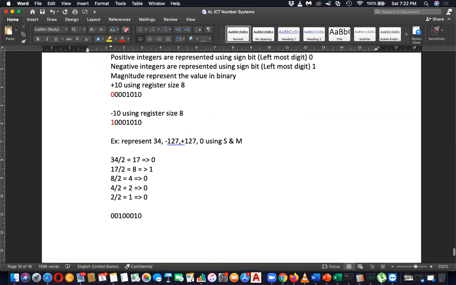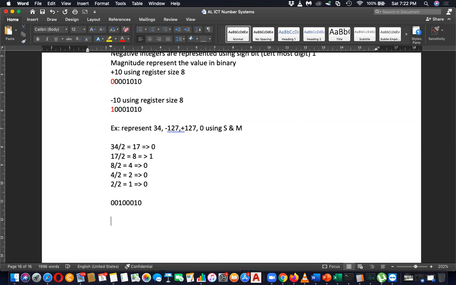So then plus 127 minus whatever 127. You divide by 2 and write the remainder. First you have to convert this to binary. Then it is 63 remaining 1. 63 divided by 2. It is 31. Remainder is 1. 31 divided by 2.